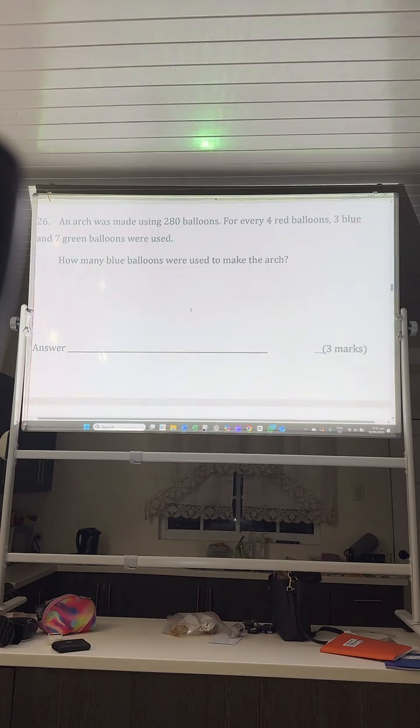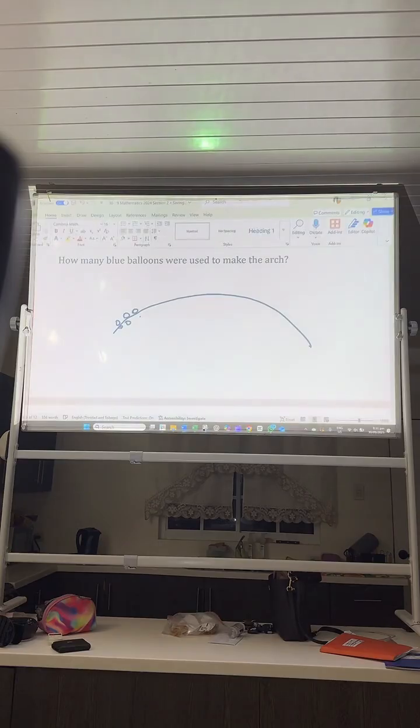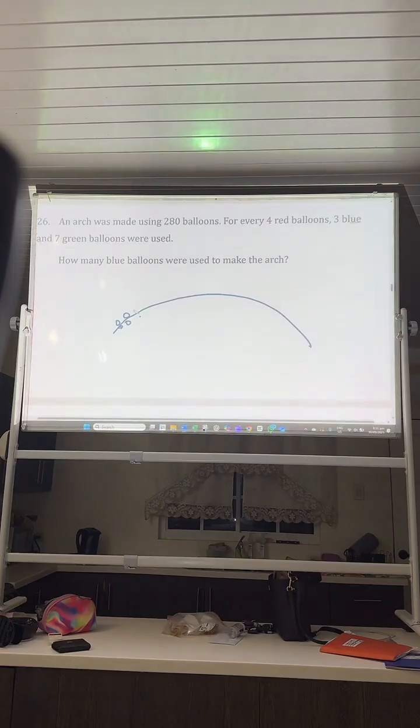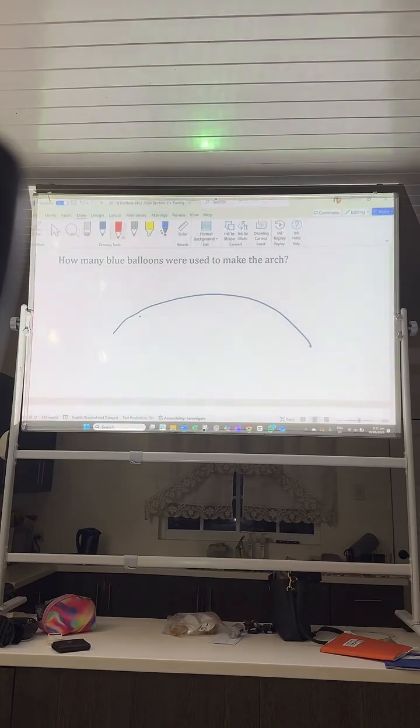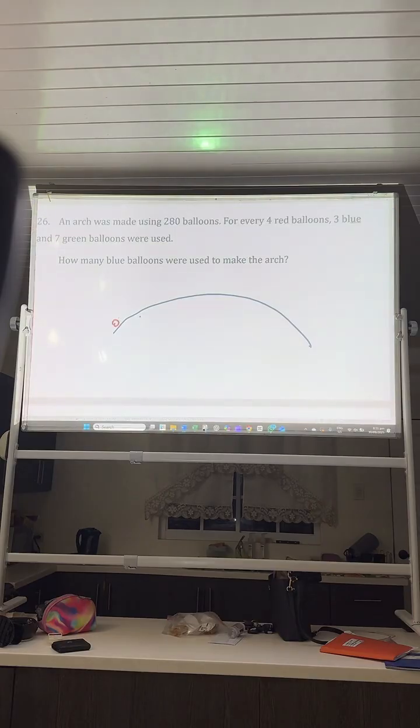Everybody knows what an arch is, right? Anytime you get a question like this, paint a picture in your mind. You have an arch, and it has one set of balloons on it. Let me draw what one set looks like. How many red balloons does it have? 4. So let me draw 4: 1, 2, 3, 4. How many blue? 3 blue balloons.